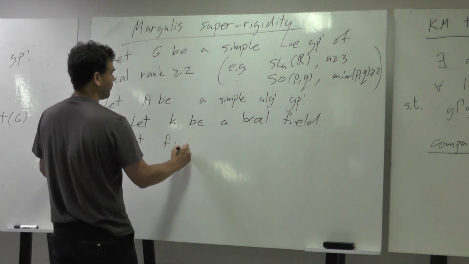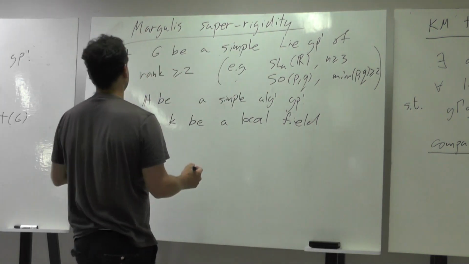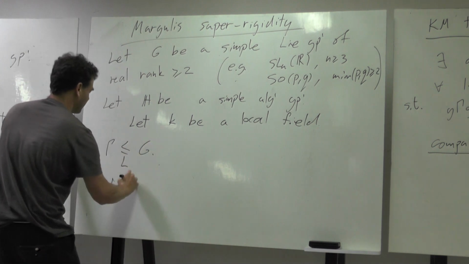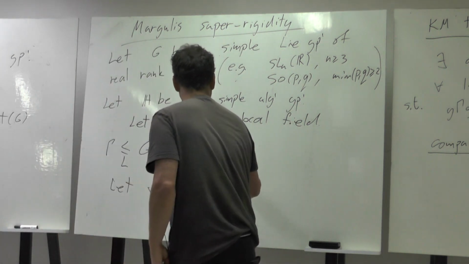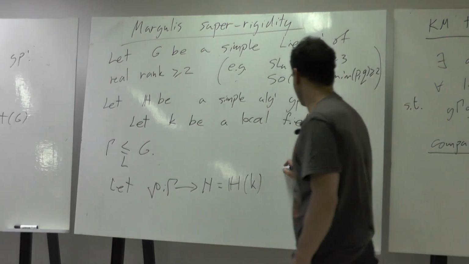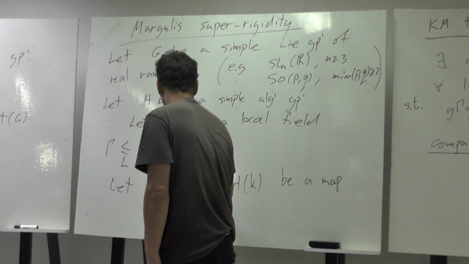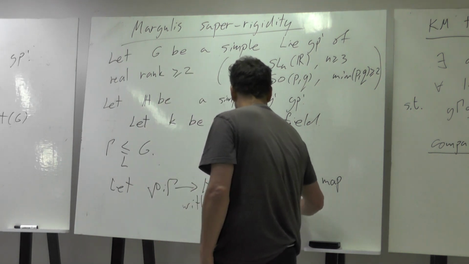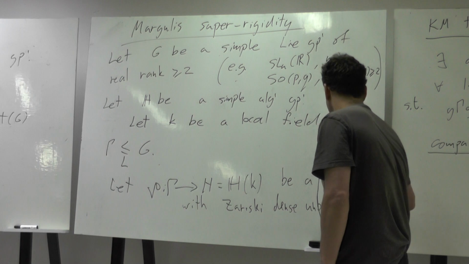Let gamma be a lattice in G, and let rho from gamma to H, the K-rational points of H, be a representation with, let's say, Zariski dense unbounded image.